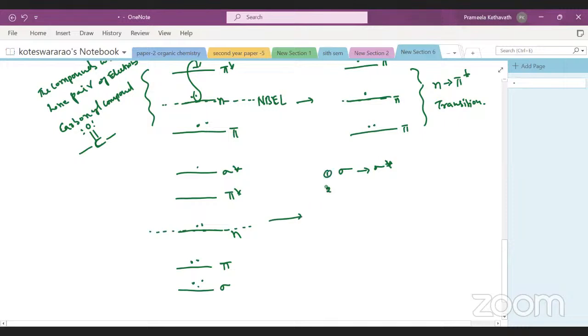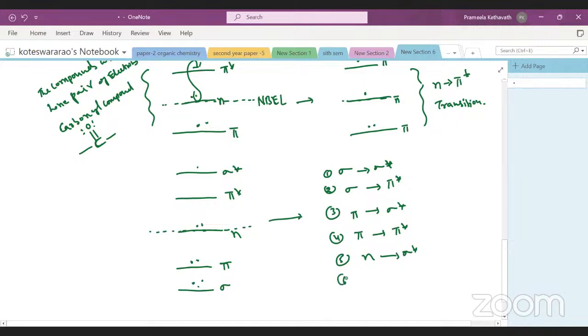The second one is sigma to pi star. These are all theoretical possibilities. Then the third one, pi to sigma star, and the fourth one, pi to pi star. The fifth one is n to sigma star.